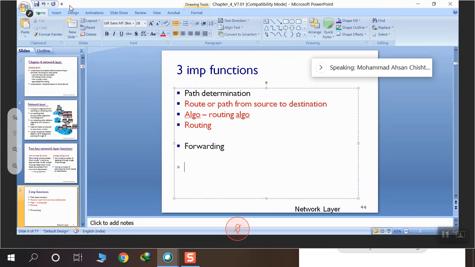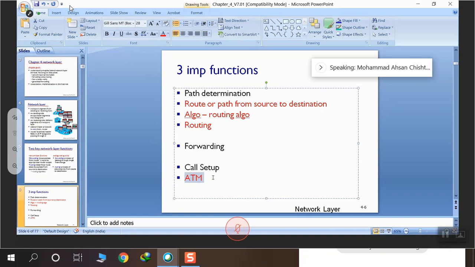The third part is call setup. And what is there in call setup? Certain network layer architectures like ATM, the example here is ATM, not the one which we studied previously, require that the sender chooses a path from source to the destination.